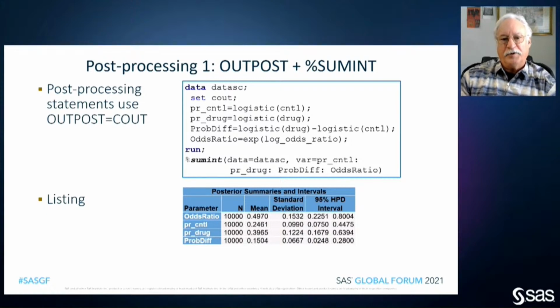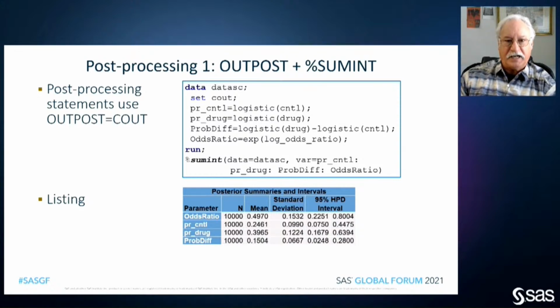If we want the difference between these two probabilities, we can just take the difference between those two functions. And then the odds ratio, we just take e to the log odds ratio, and that will give us the odds ratio.